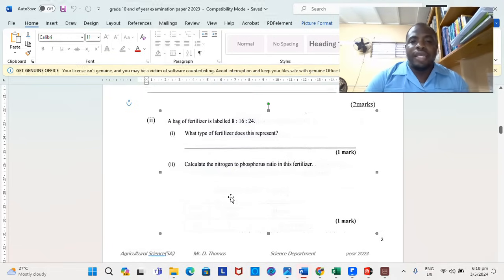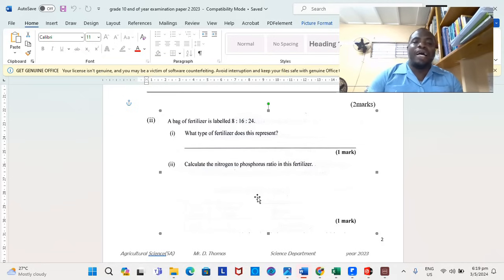And so the lowest terms would be 1 to 2, right? Because 8 can go into 8 one time. Find the lowest common factor and write this ratio in its lowest terms. So it's a 1 to 2 ratio in terms of nitrogen to phosphorus.